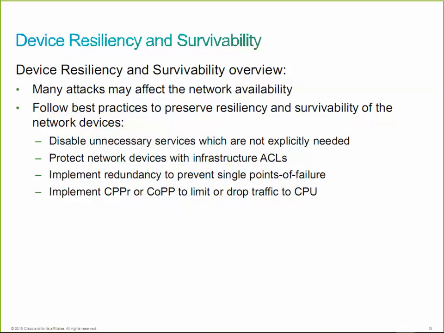These services are turned on out of the box, and you may not need them. Things like BOOTP, IP source routing, PAD services, IP-directed broadcasts, proxy ARP. You need to disable these services.